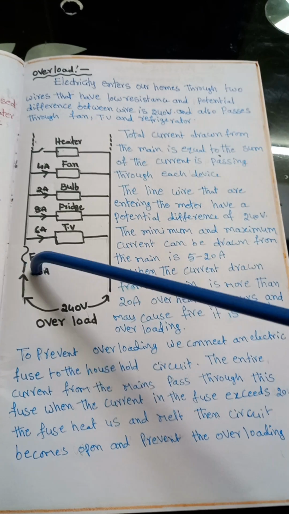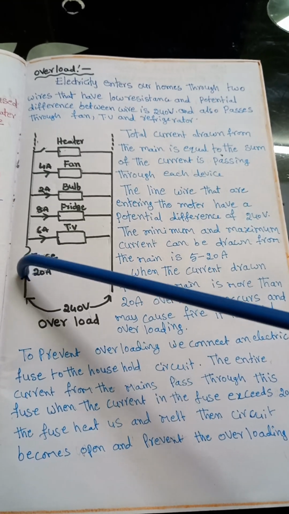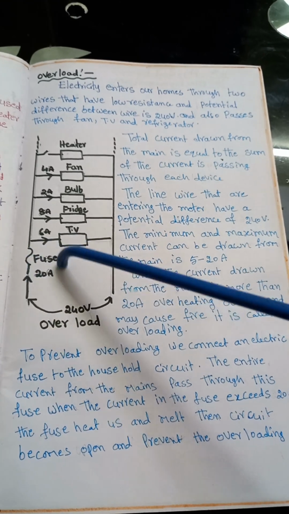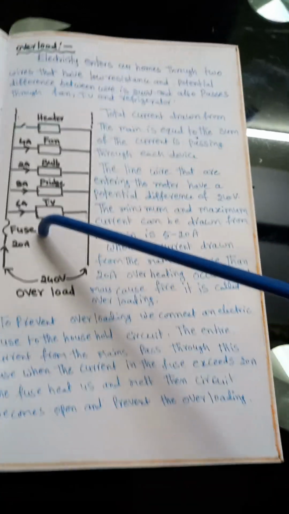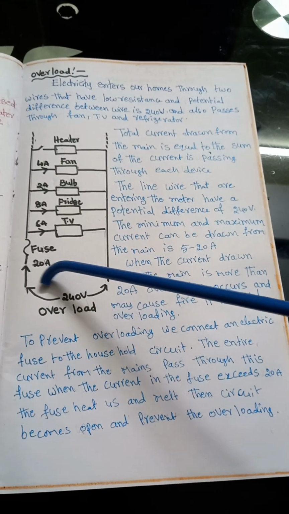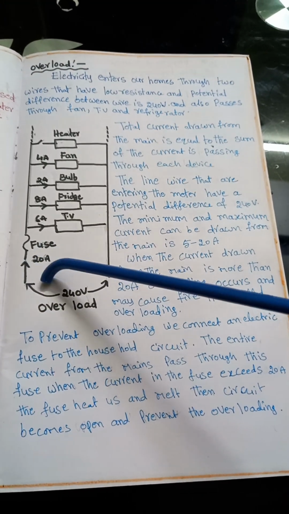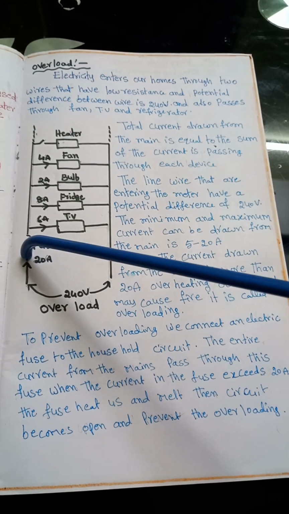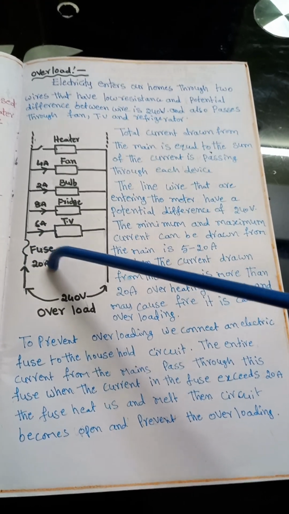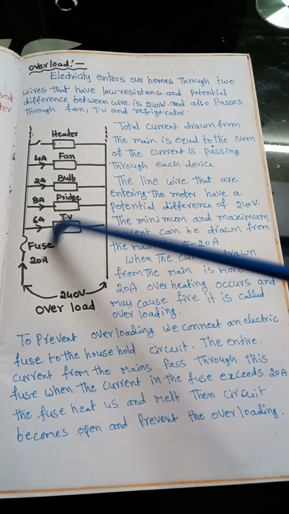The fuse wire is melting. So it is called overloading. When we use more than 20 amperes, this thin wire melts, so the current is gone.